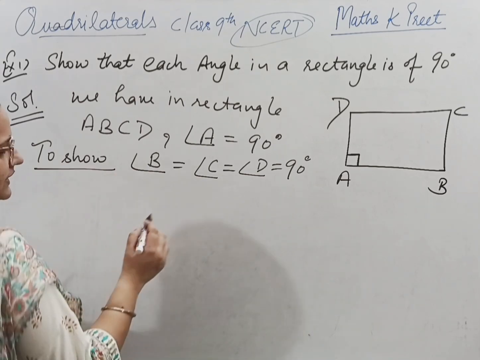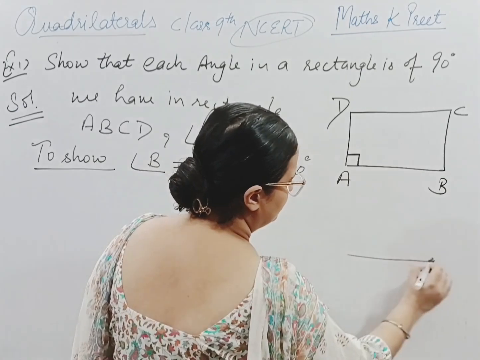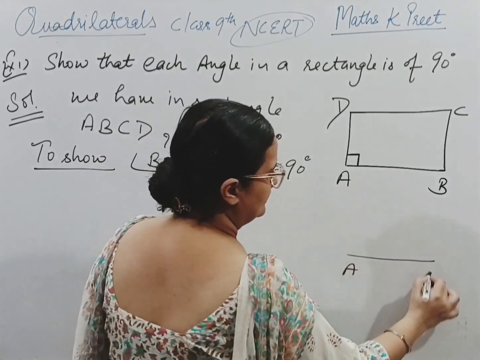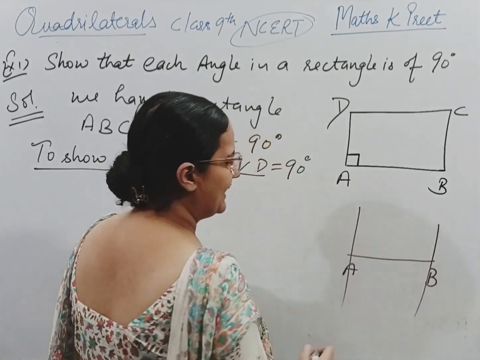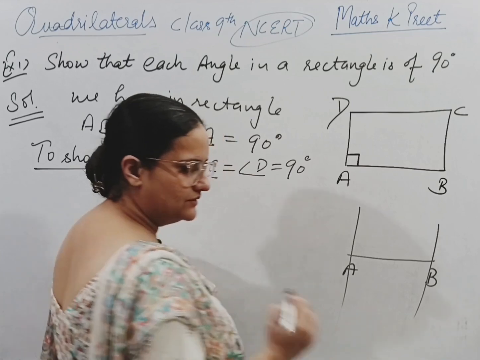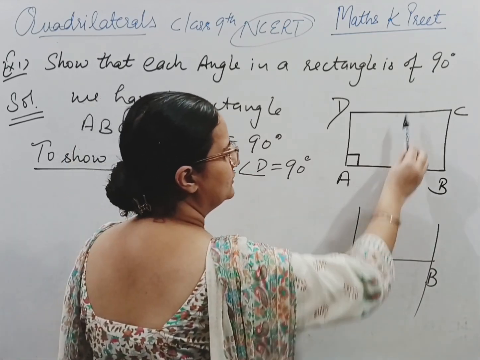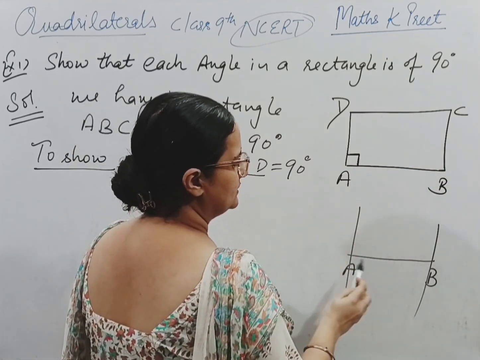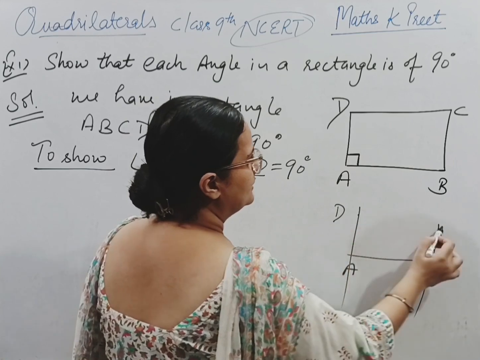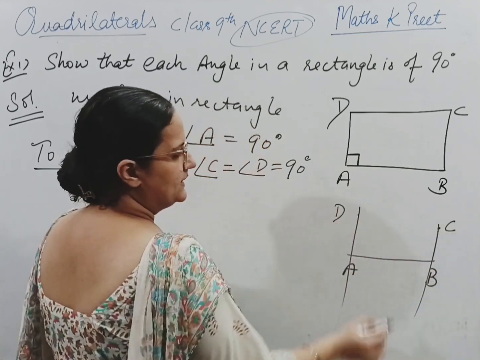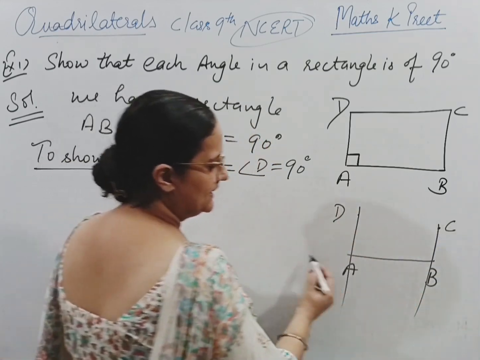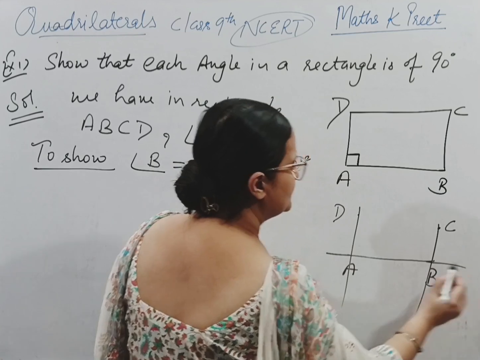A parallelogram. If this is my figure, with points A and B, and these are two parallel lines. According to the definition of a parallelogram, both opposite pairs of sides are parallel to each other. So if this is D and C, then AD is parallel to BC and AB is acting as a transversal here.